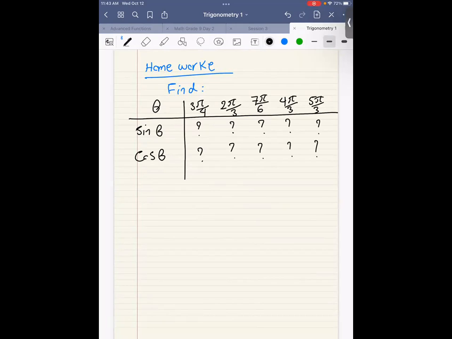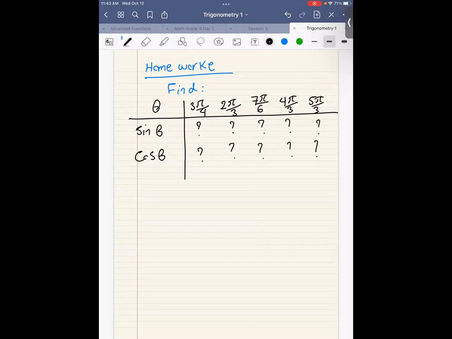It's enough to know what quadrant these angles are located in.